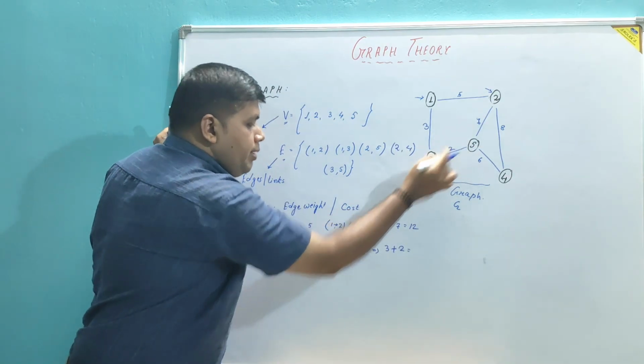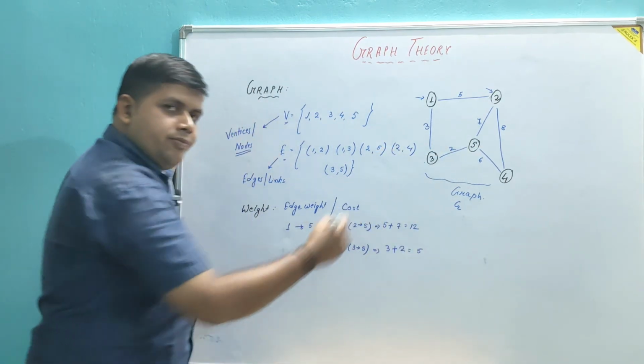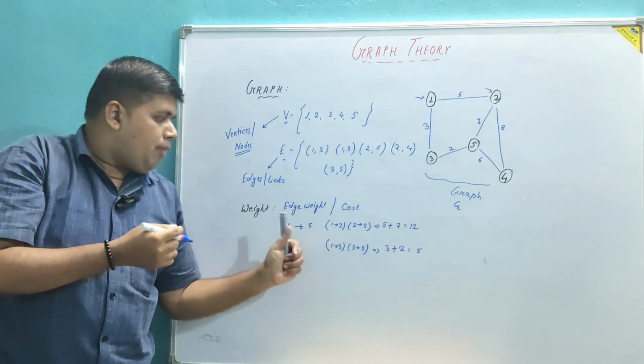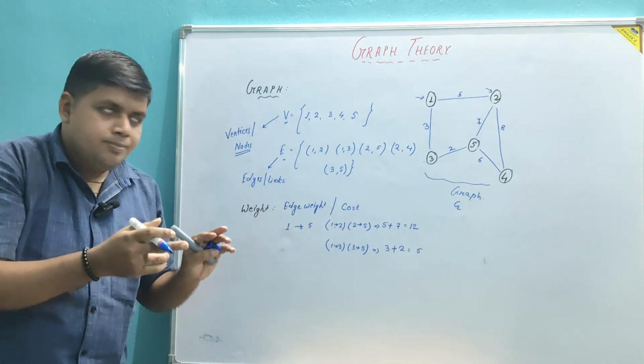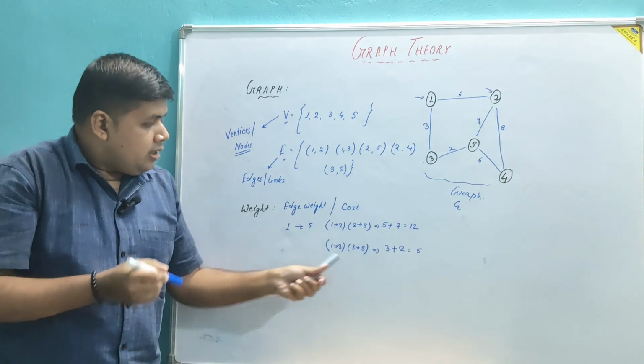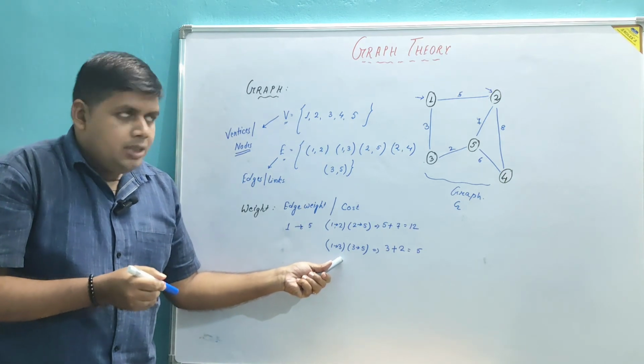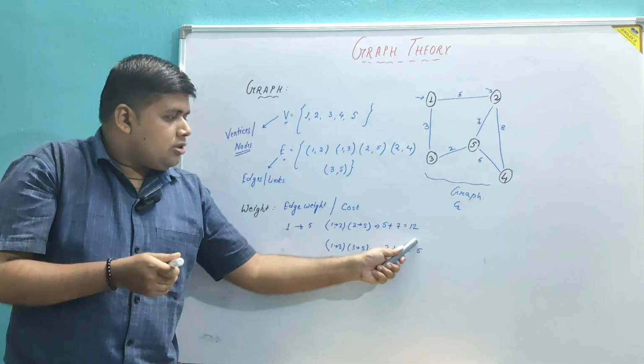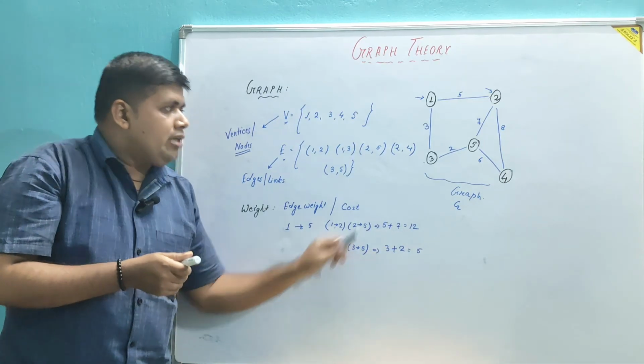So the cost is 5. Which path will the traveler take? If he is considering the cost, he will definitely take the second path, because in this he or she requires only 5 rupees to travel from 1 to 5.